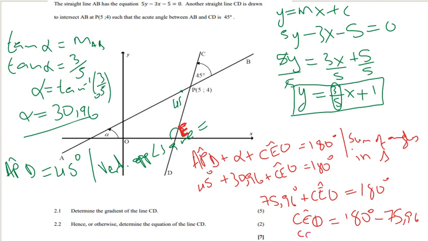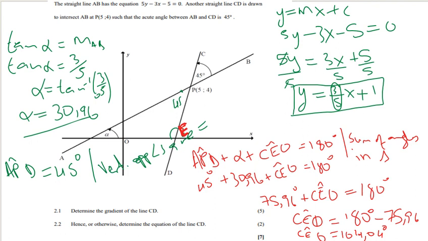So CEO is equal to 104.04 degrees. Let's erase here and there, making some space.